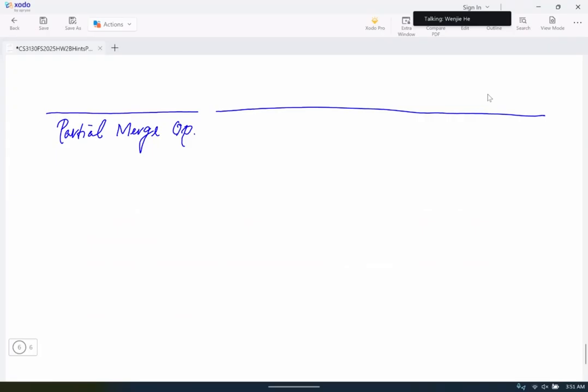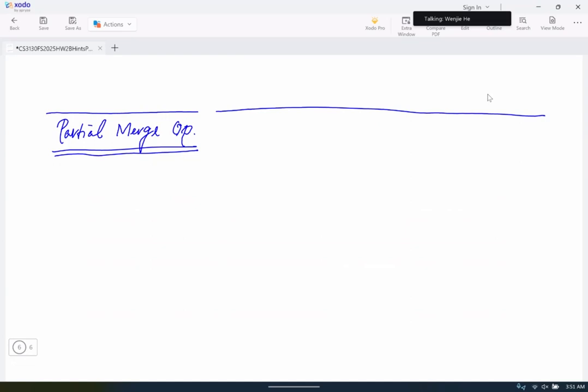From this name you can see we do not run the full merge operation. We run the merge operation partially. Somewhere in the middle, as soon as we get our solution, we stop immediately.